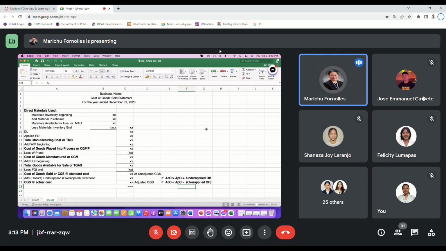So in order to convert the raw materials into finished products, you need to add your direct labor cost and the overhead that is applied to production. So remember, there are three elements of costs. We are referring to the three elements of production costs, namely materials, labor, and factory overhead, which is sometimes called factory burden or manufacturing overhead.